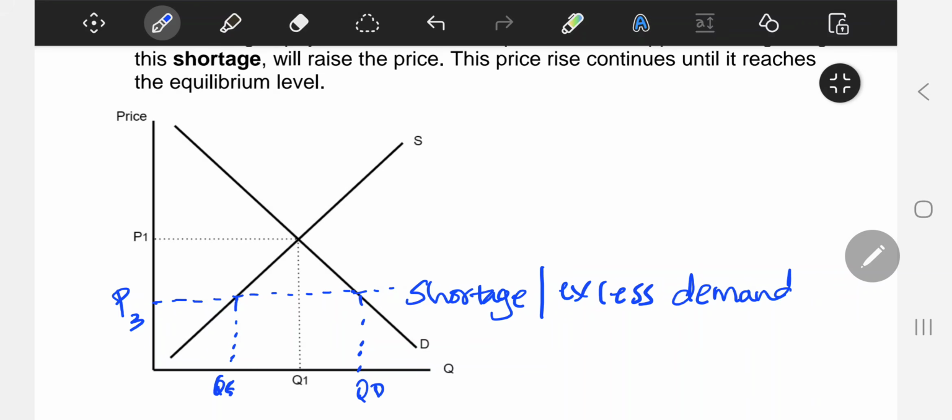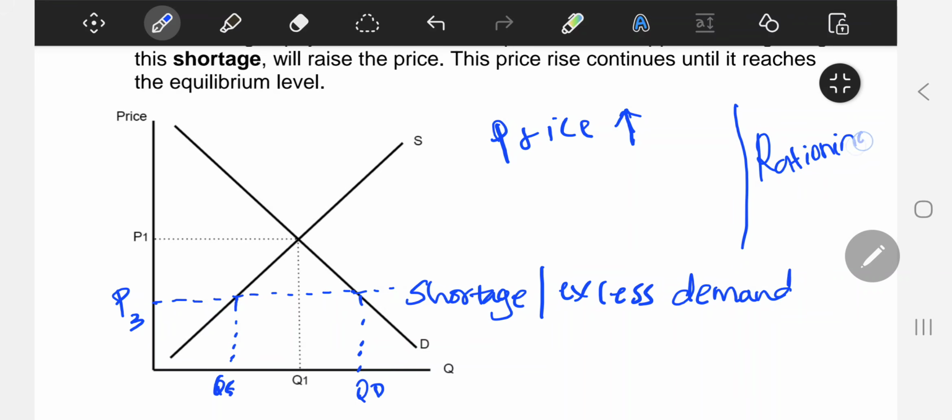What should happen here is the exact opposite. Prices should increase so that more suppliers are willing to supply, and we can reduce the number of consumers who are buying this product. Earlier we talked about the role of price, and one of the roles of price was rationing. Increasing the price is going to ration so that only those who can afford this product can buy.